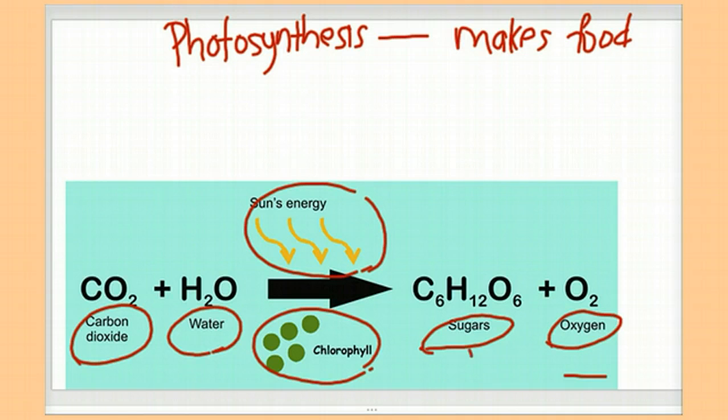You might also see glucose. Sometimes in your exam, it also means sugar. So again, carbon dioxide plus water, with the arrow pointing forward, will give you sugar or glucose plus oxygen. Without the presence of the sun's energy, this process cannot happen at all.